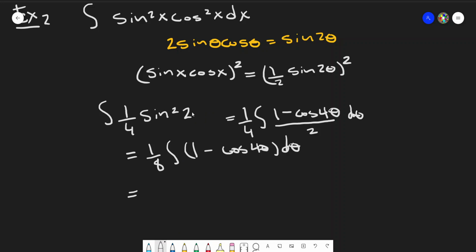So you have x and dx, instead of theta and d theta. And it's 4x, and over here we're just going to change that to a 4x.